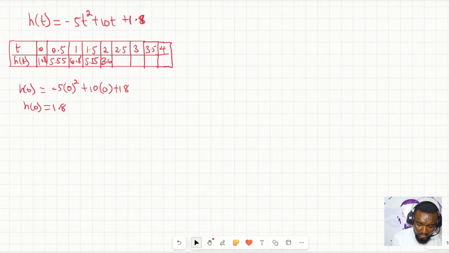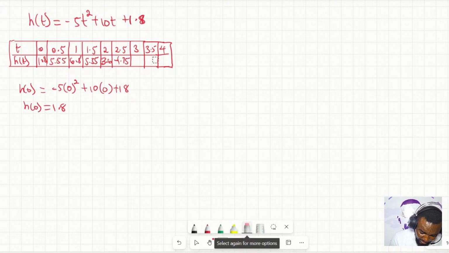That will give us negative 1.75. Now that we are going into negative height, we can probably leave it here. We will not want to go into the negative because we know that we are dealing with basketball, so we will not go negative.